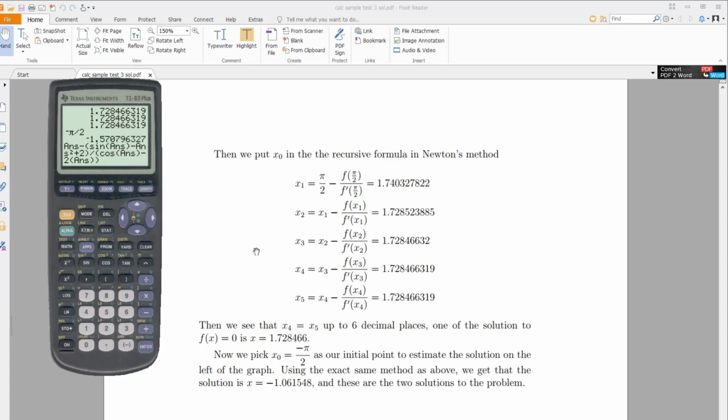Answer minus sine of answer minus answer squared, so on and so forth. And then we just click enter until we see the same number up to 6 decimal places. And there you go. That's the solution. Negative 1.0615498.